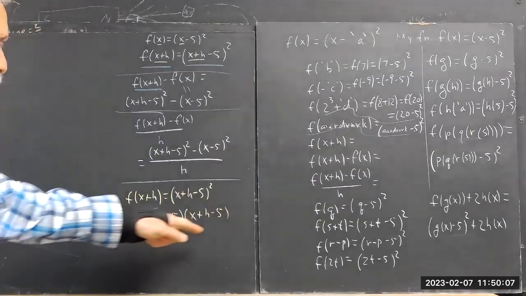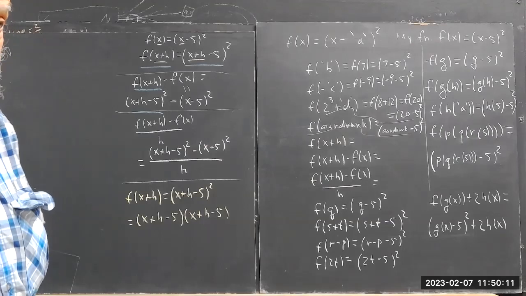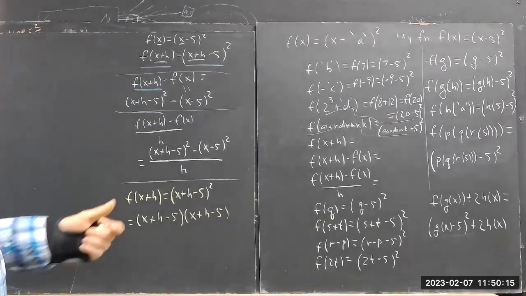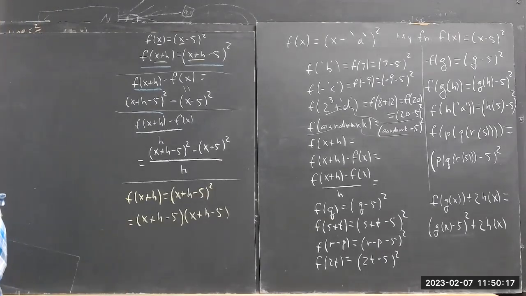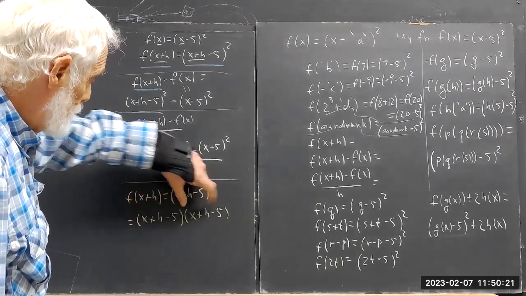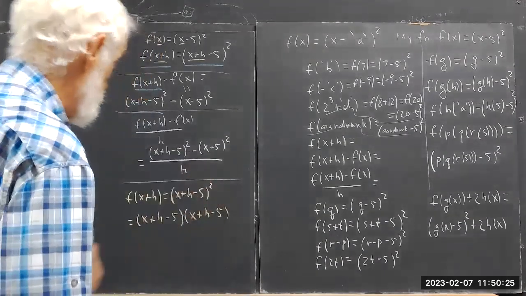Well, that's x plus h minus 5 times x plus h minus 5. Now, how do we simplify that? We use the distributive law. This is x times all this plus h times all this minus 5 times all this.